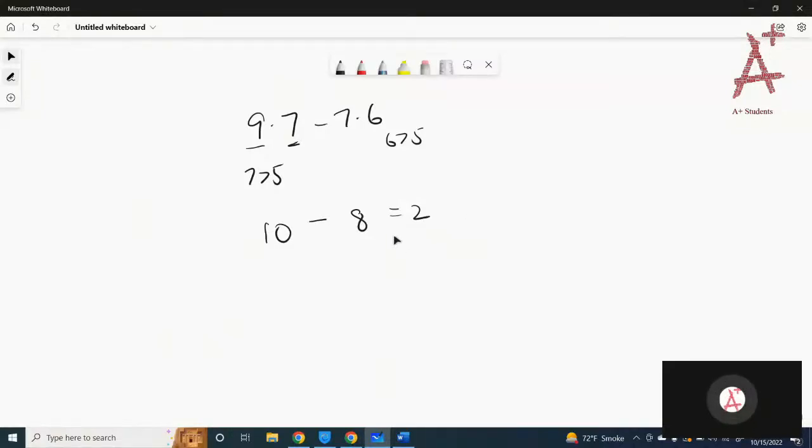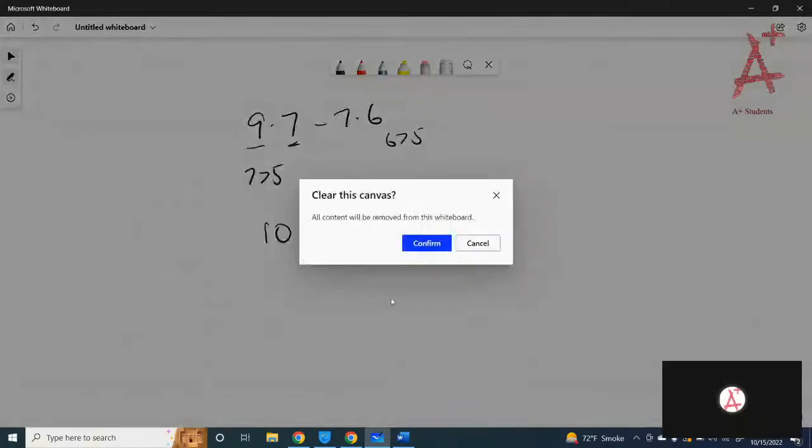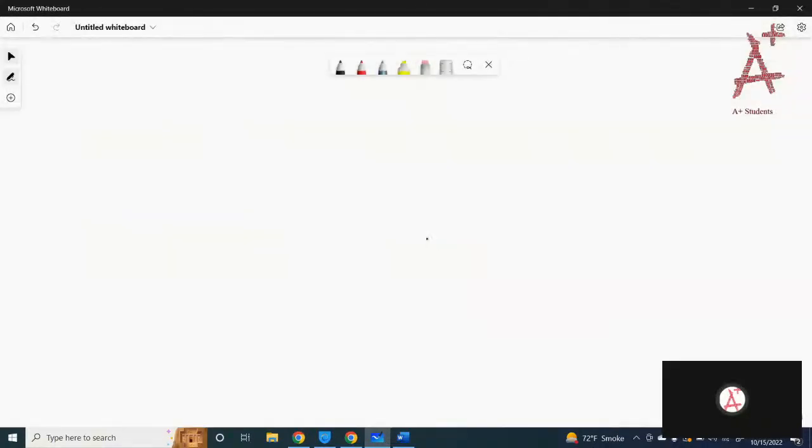Okay, the next one is estimate the product, and the numbers are 2.50 times 0.73. You have to round 2.5. Just look here, you have 0.5, and 5 is equal to 5.